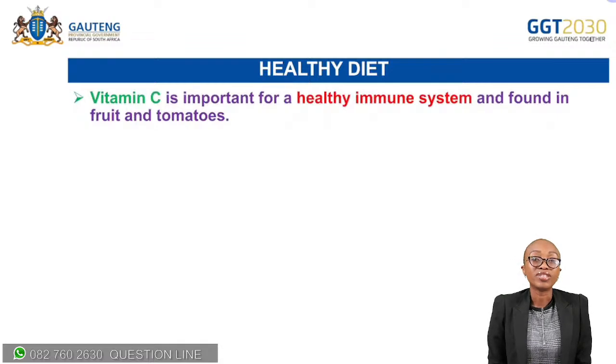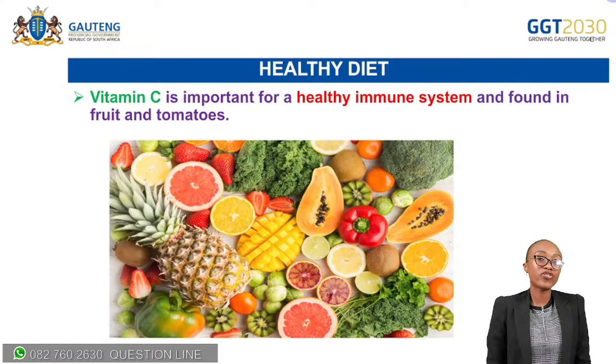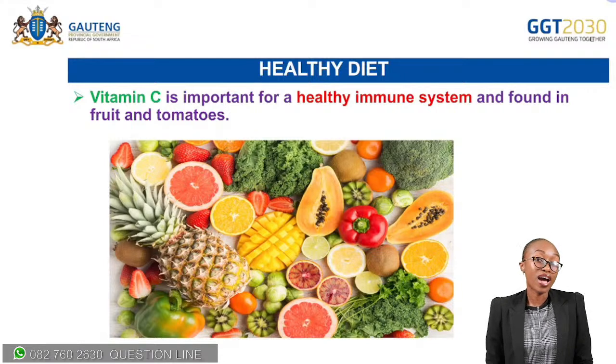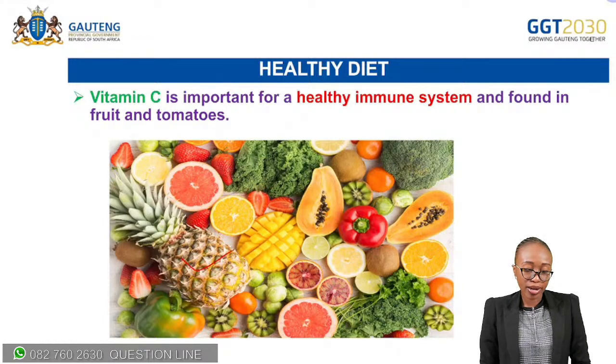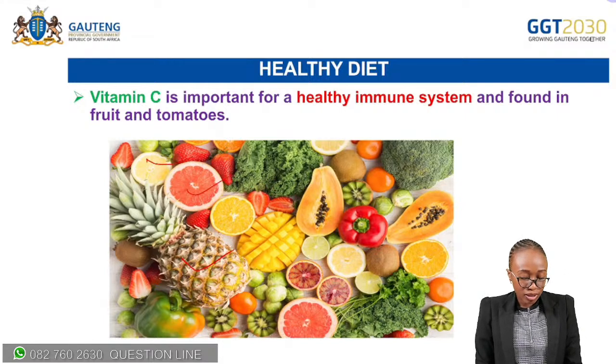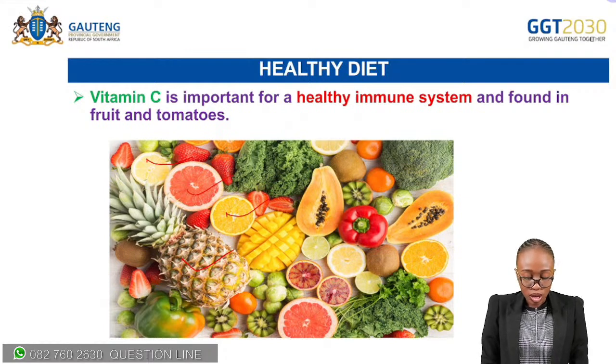Next, vitamin C. It's very important for a healthy immune system, and we find it in different kinds of fruits, and we also find it in tomatoes. Here is a picture of the different fruits where we can find a healthy dose of vitamin C. We find them in pineapples, grapefruit, lemon, orange, mango, papaya.